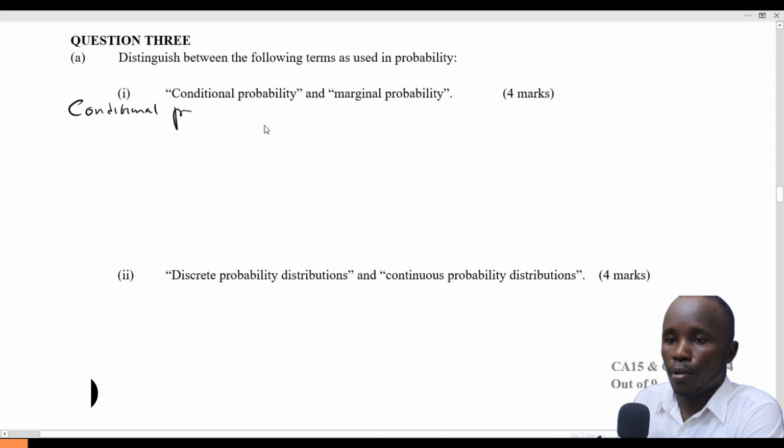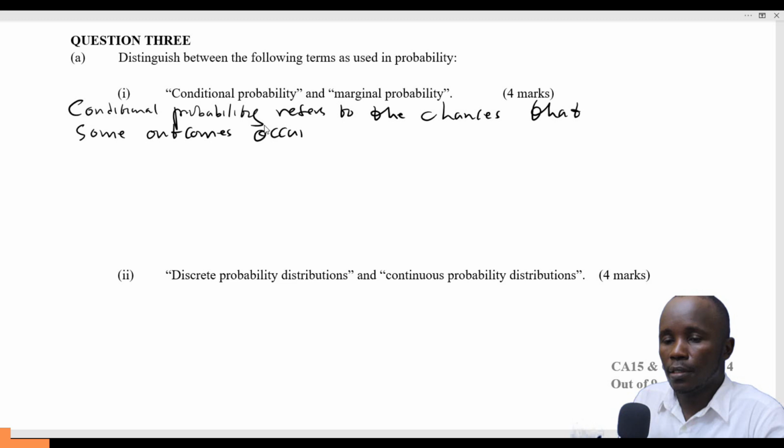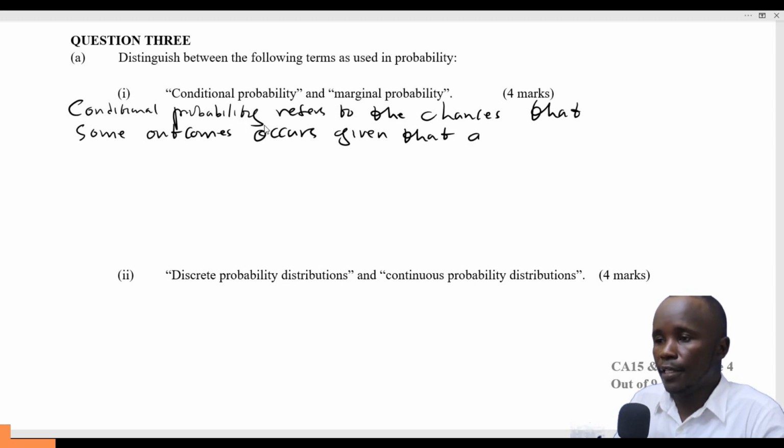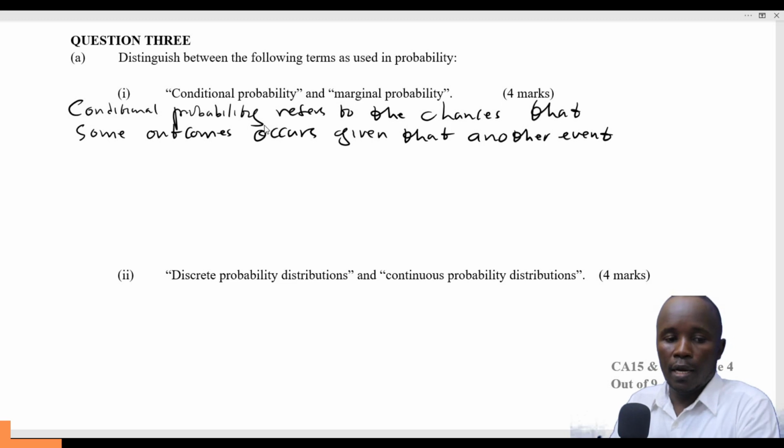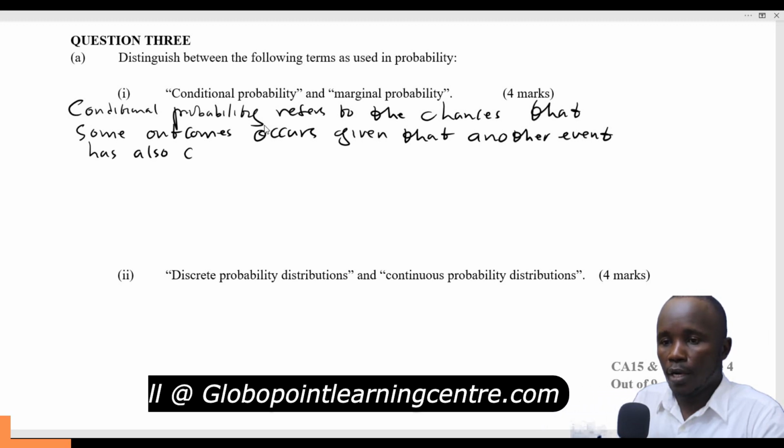Conditional probability refers to the chances that some outcome occurs given that another event has also occurred.